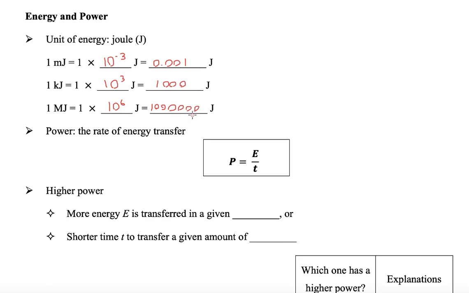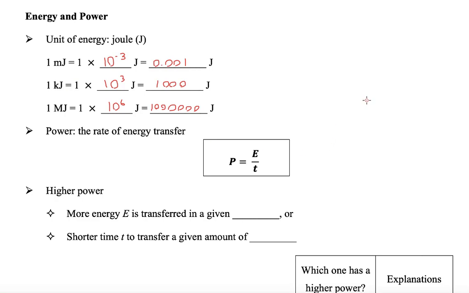So if you need to write a very large value of energy, then you don't have to write a lot of zeros. You just write down 1 megajoule, then it's fine. And when you see these units, I need to make sure that you know how to convert the units back to joule, or that you understand what's happening.